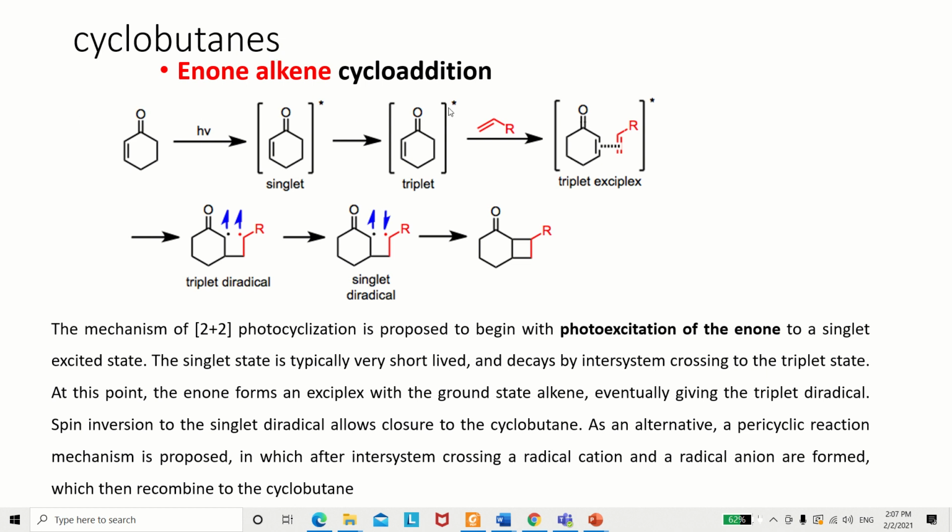So it will quickly convert into the triplet state, and in that excited triplet state it will form an exciplex with a ground state alkene, and finally it will give a triplet diradical, and a spin inversion to the singlet diradical will facilitate the ring closure here. Finally you will get the product cyclobutane. So that's the basic mechanism of enone-alkene cycloaddition.